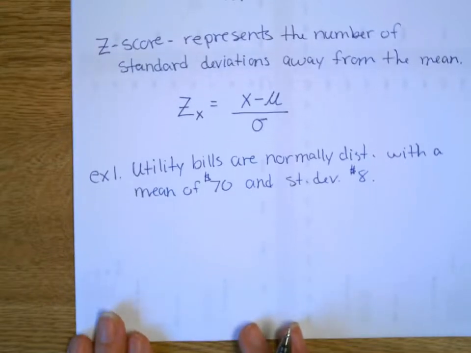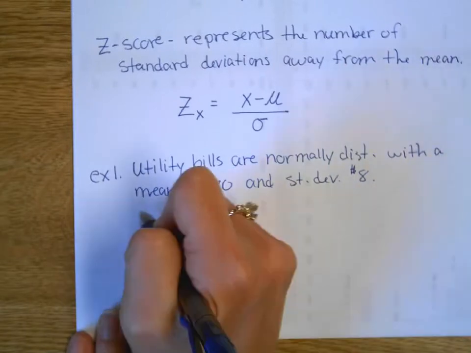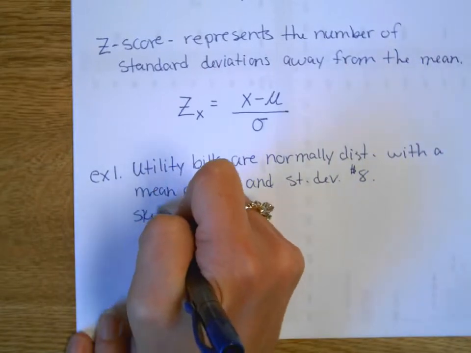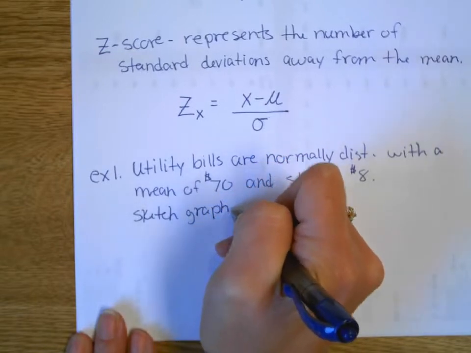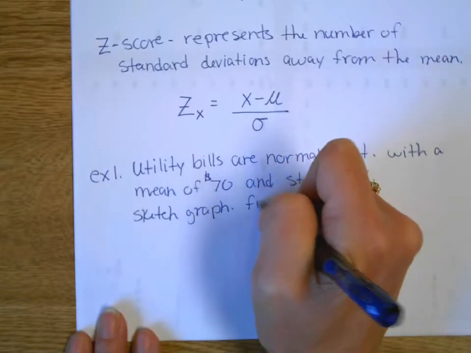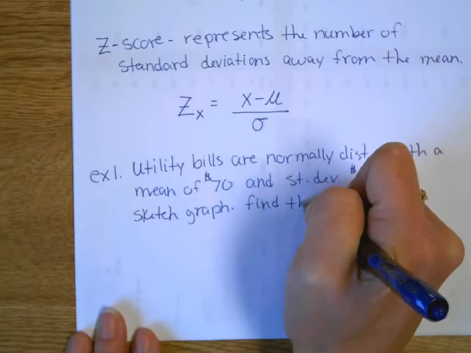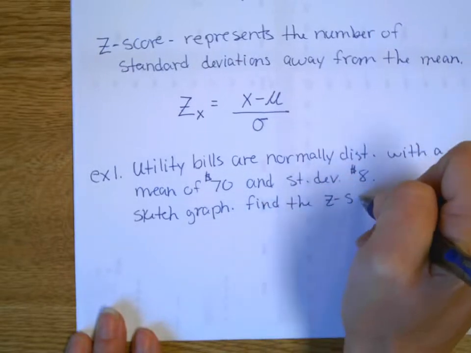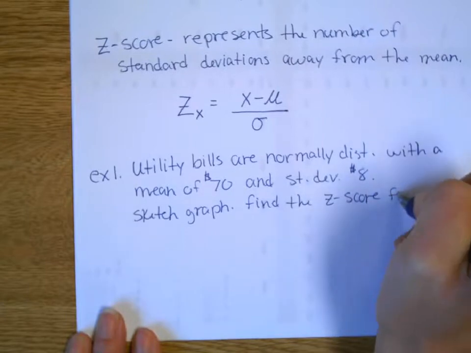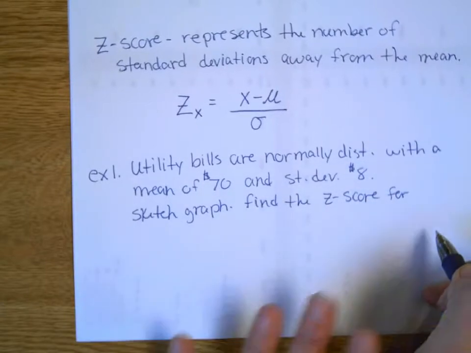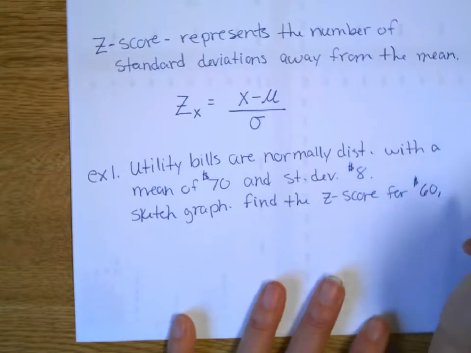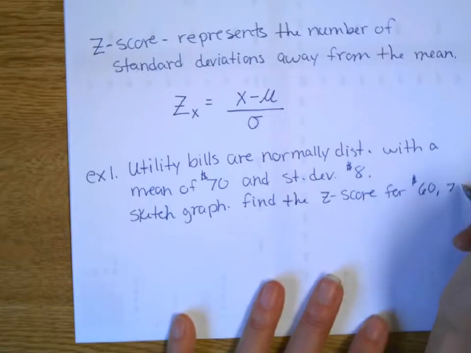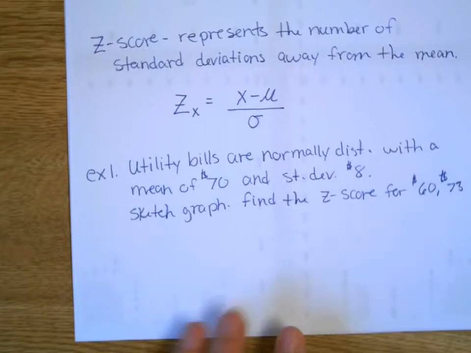And then we are going to sketch the graph and then find the z-score for a $60 utility bill and a $73 utility bill.